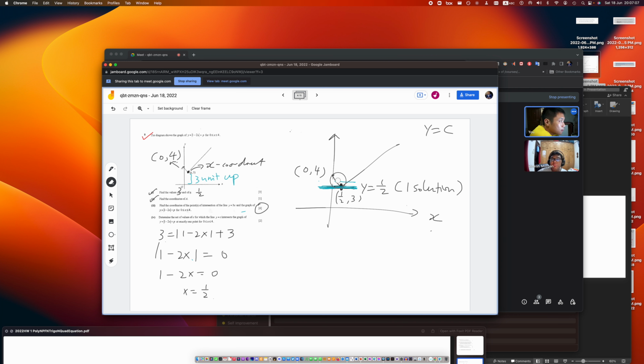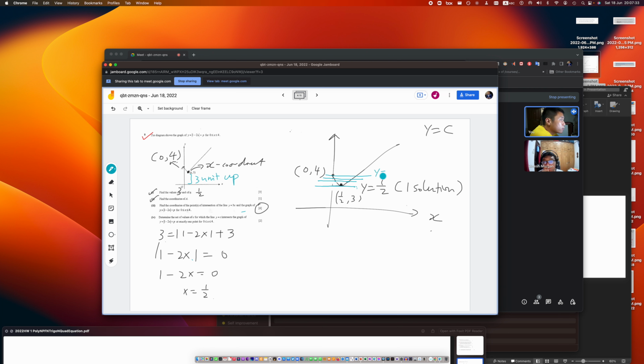Hold on, at least one. So anything in between this range, let me tidy it up a little bit so that I can present better. So this is your y equals half, one solution. Then here is 2, here is also 2, here is also 2. But that's the limit of the 2 already, right?